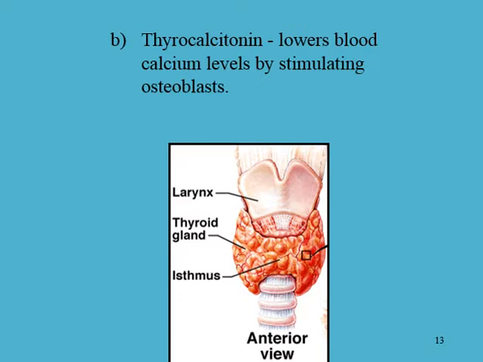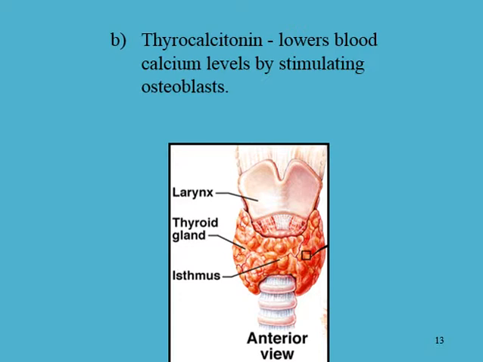This hormone works to lower blood calcium level because it stimulates osteoblast activity. You remember anatomy? You learned about osteoblasts. What do those cells do? They make bone. So if you start stimulating osteoblasts to make bone, they're going to suck calcium in from the blood to increase the calcium in the bone. So this hormone will lower blood calcium levels because it stimulates osteoblast activity.